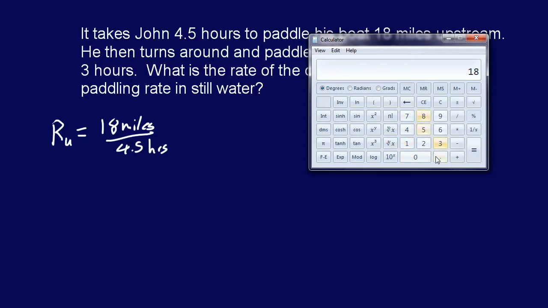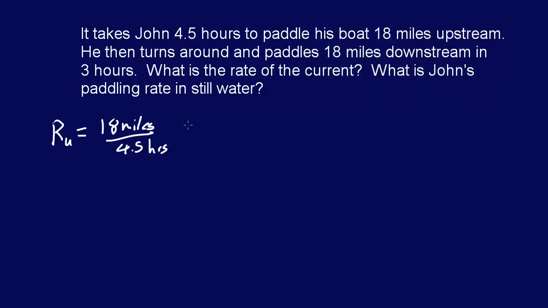So 18 divided by 4.5, that equals 4 miles per hour.